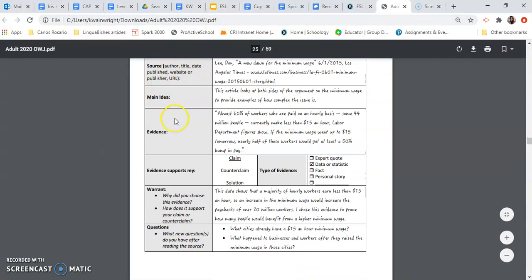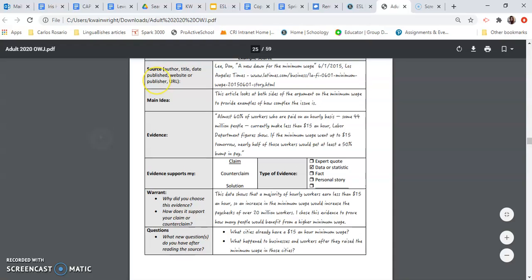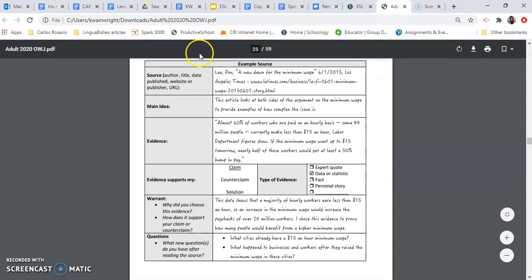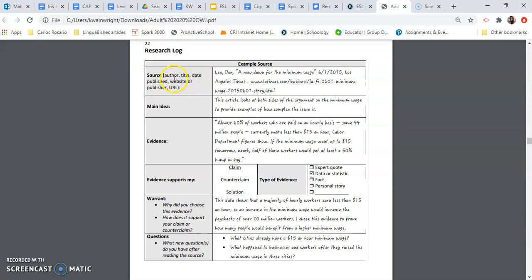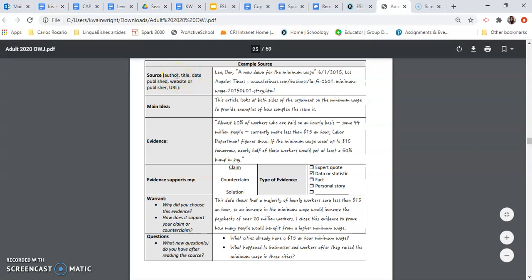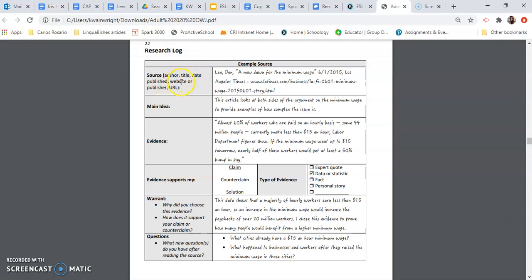You can see up here, the first part is the source. The source is where your information came from. And you need some different parts to make sure you have everything, such as the name of the author, the person who wrote the article, the title of the article, the date it was published, the website or publisher, that could be a newspaper.